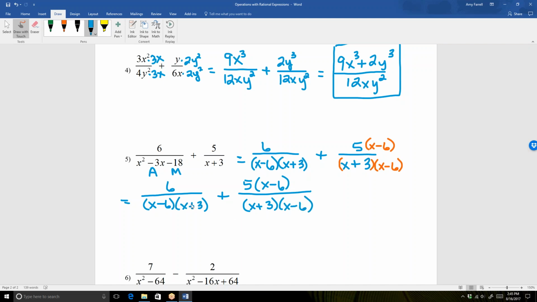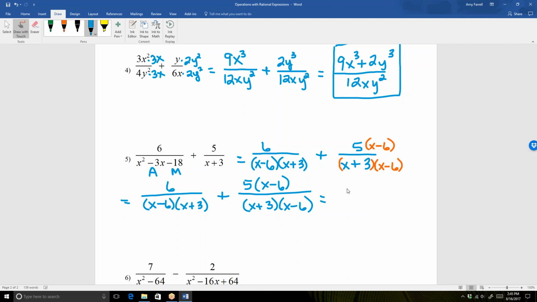Now notice my denominators are the same. That's good. To be able to add or subtract rational expressions, I need a common denominator. Now the factors are in different orders, but that's okay. Multiplication is commutative, so it doesn't matter that, like I said, they're in a different order.